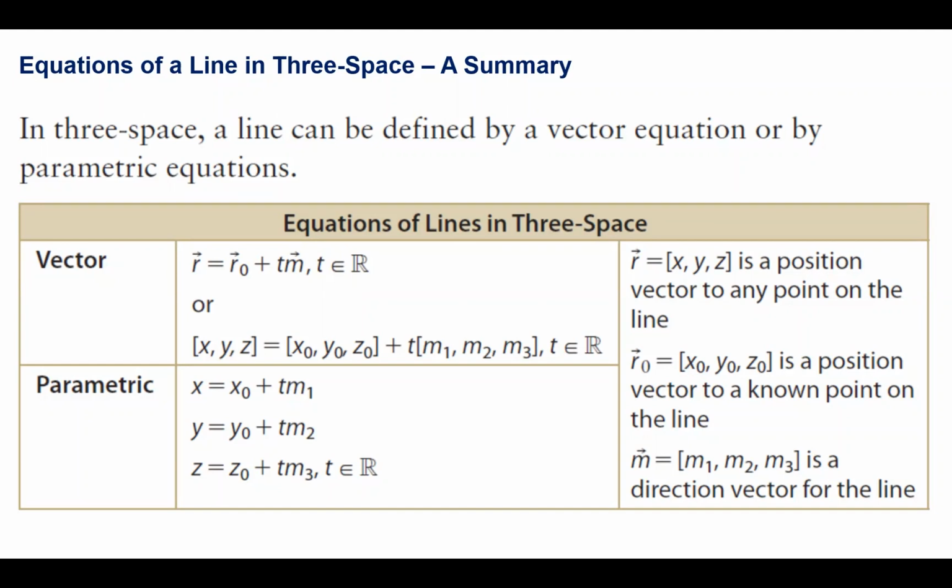And vector m, whose components are m1, m2, m3, is a direction vector for the line. And correspondingly, the parametric equations for this line are given by x equals x0 plus t times m1, y equals y0 plus t times m2, and z equals z0 plus t times m3, where t belongs to the real number set.